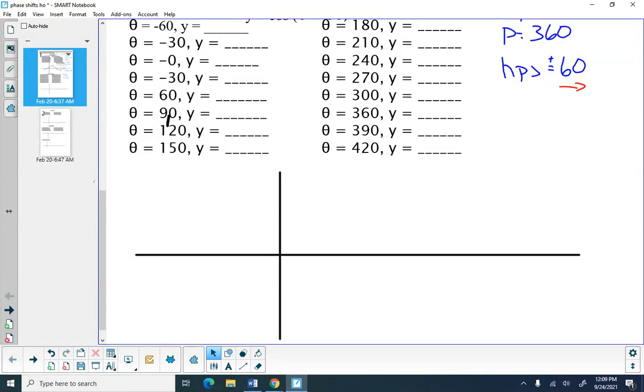Now we could set up a bunch of ordered pairs, but let's use our knowledge that we gained on Friday and today to be able to get a graph down. We have theta and we have y there. This is spaced out by 90s: 90, 180, 270, 360.